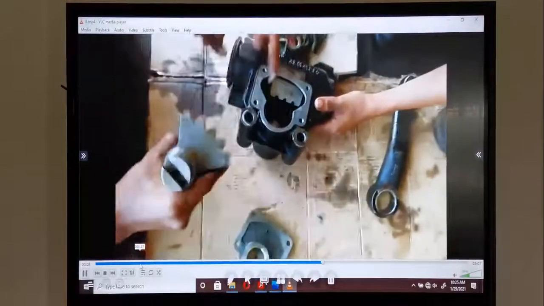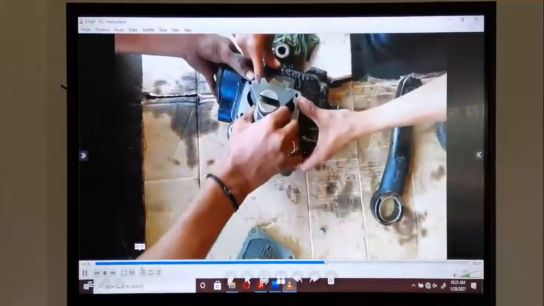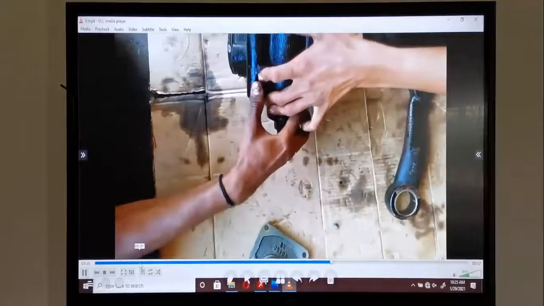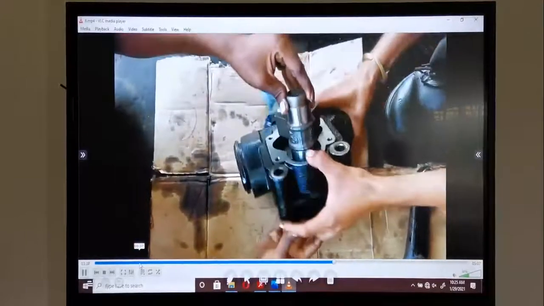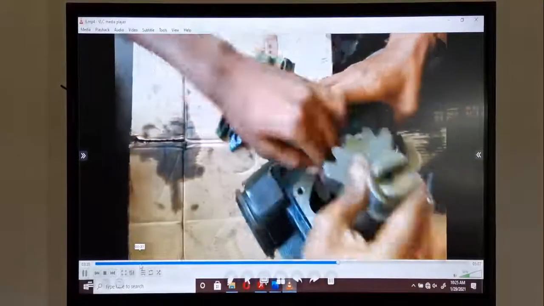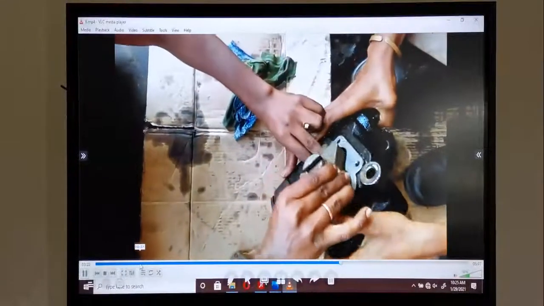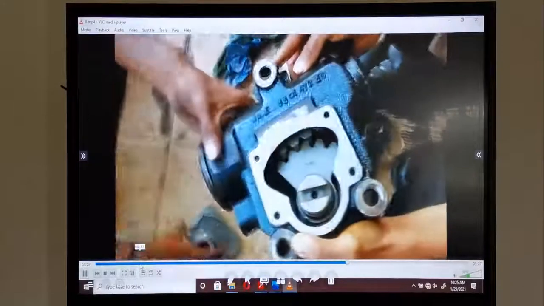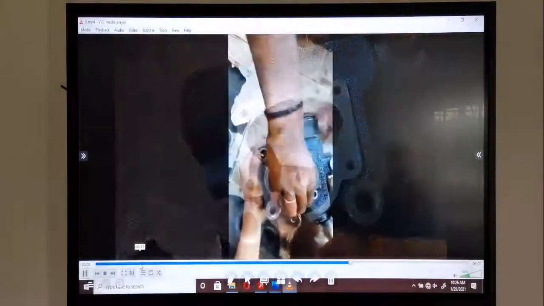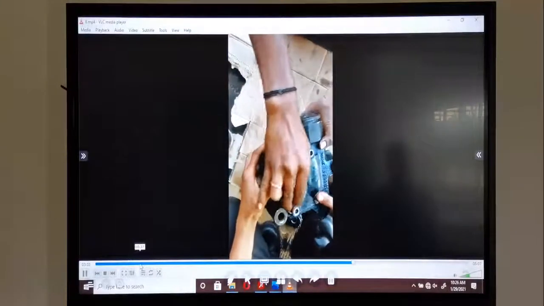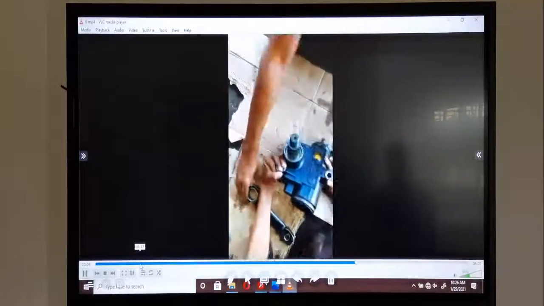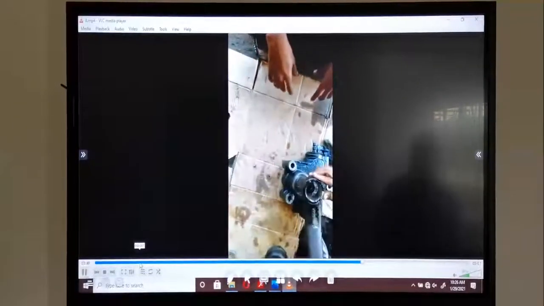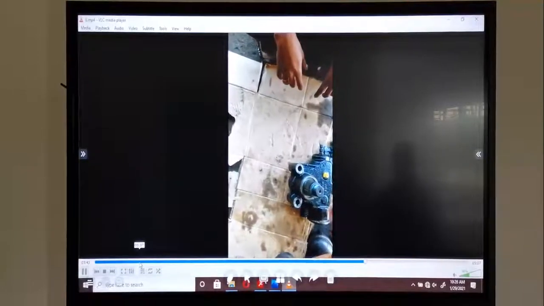Here is the gear sector. We have to mesh the thread of the gear sector and the ball nut track. Now both are meshed. We close the gap, and here, at the other end of the gear sector, the pitman arm is connected.